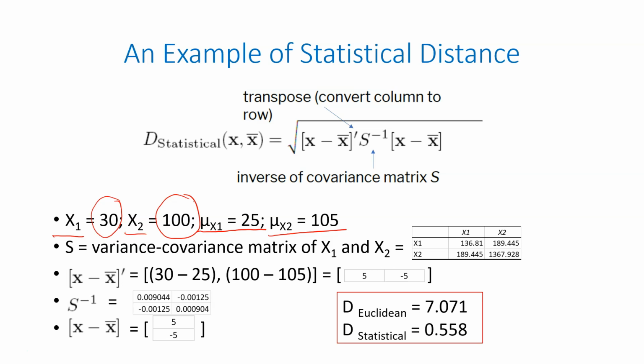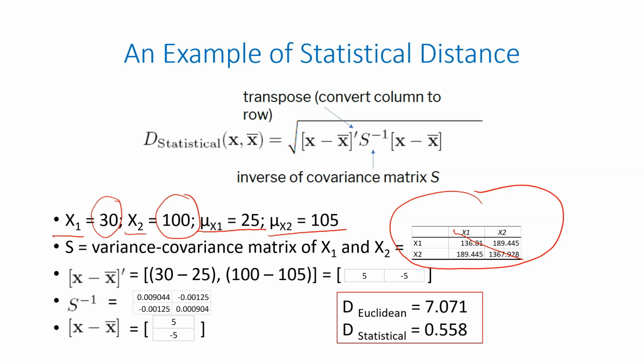Suppose that the variance-covariance matrix of the two variables, x1 and x2, is computed to be this. As you can see, we have the variances on the diagonal, and then the covariance values on both sides of the diagonal.